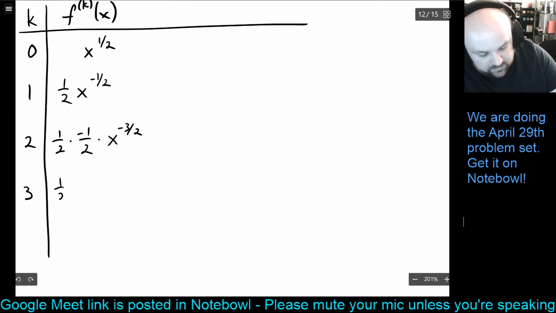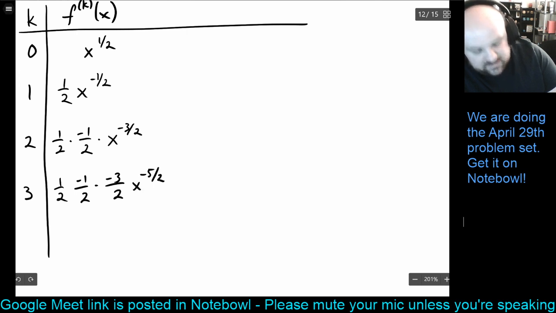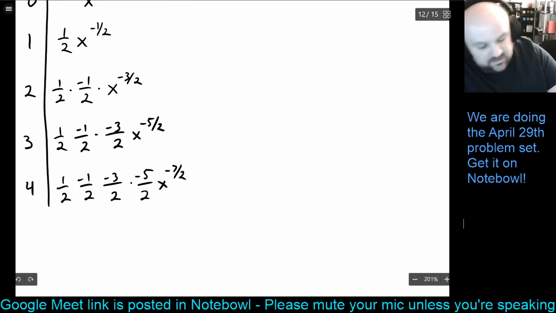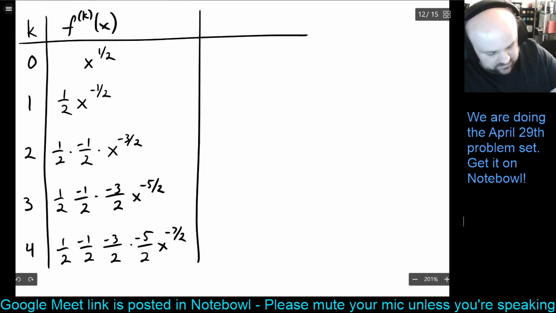The third derivative is 1/2, minus 1/2, minus 3/2, x to the minus 5/2. The fourth is 1/2, minus 1/2, minus 3/2, minus 5/2, x to the minus 7/2. So there's a few terms there.